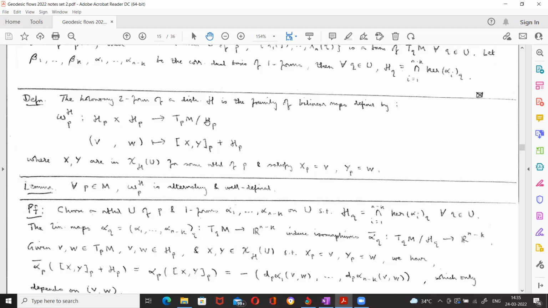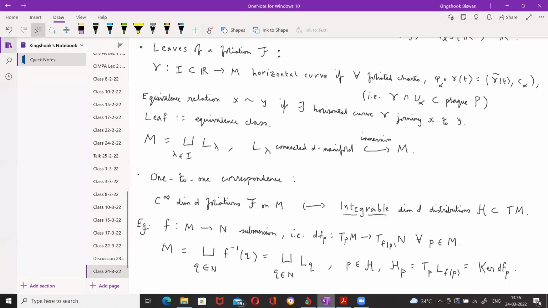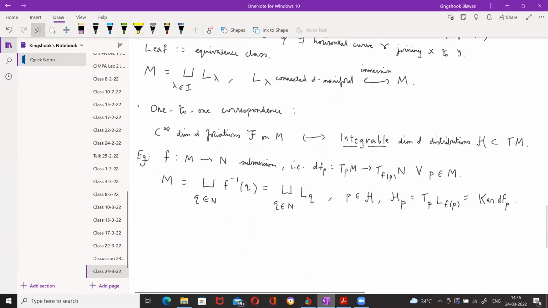And then we said that any distribution, locally, I can write as the intersection of the kernels of n minus k one-forms, right? So let me just say a few words about the holonomy 2 form.